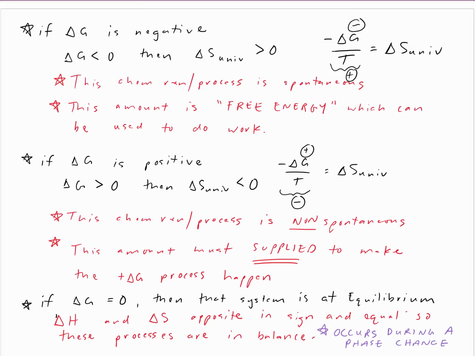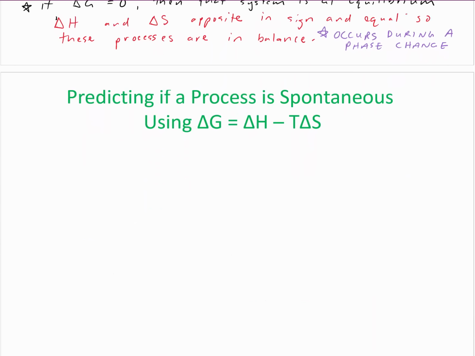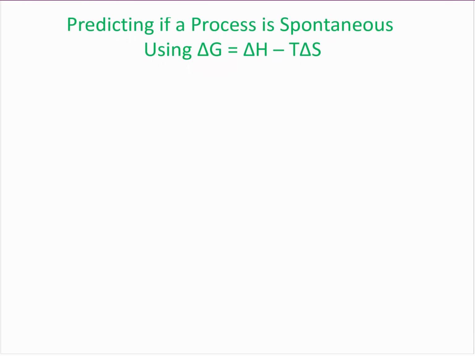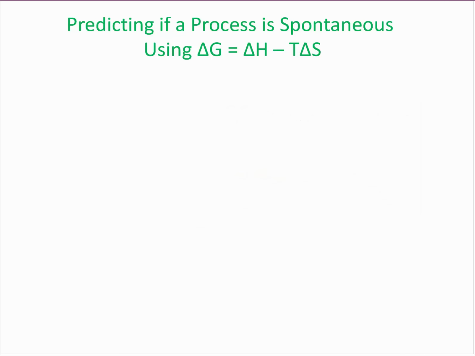Okay, so now we're going to look at the different cases for the different things that can happen for delta G. This is just like what we did earlier in the other video, but this time we're going to look at it in terms of delta G. So you could have case 1.